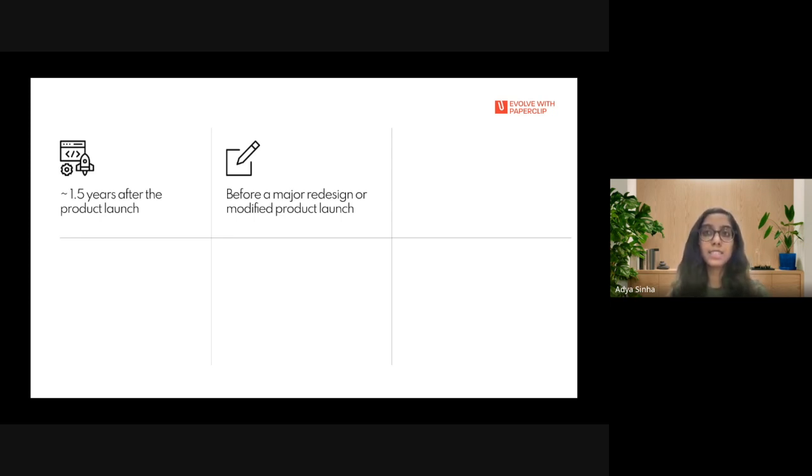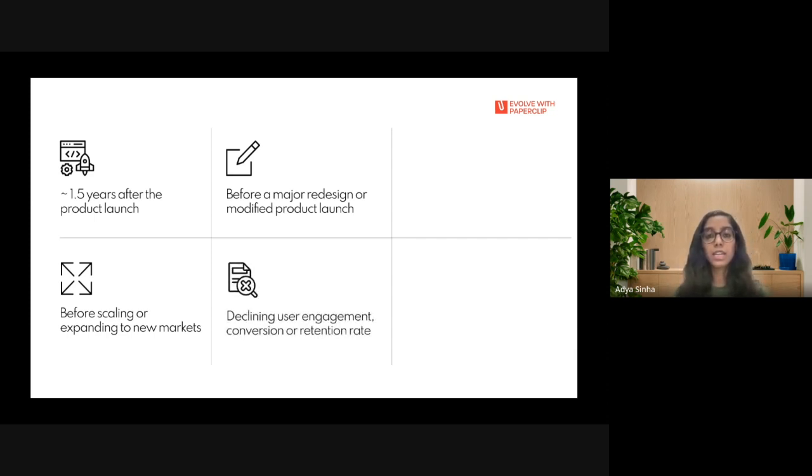Another thing it helps us prevent is repeating design mistakes. Another instance could also be before scaling to a new market, because through a UX audit, we can identify whether the product or the experience is optimal for a diverse audience or not.